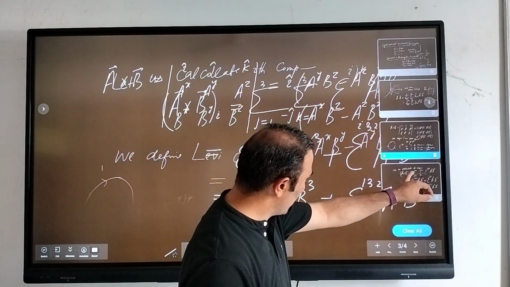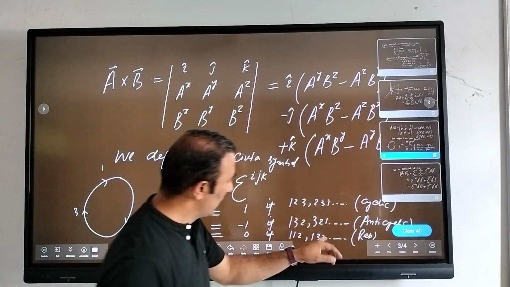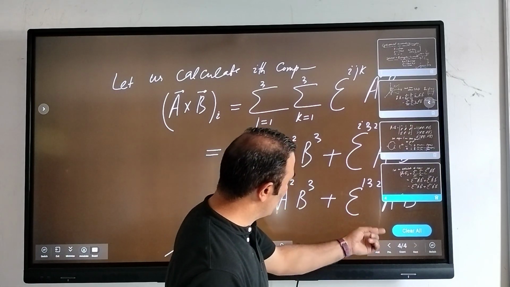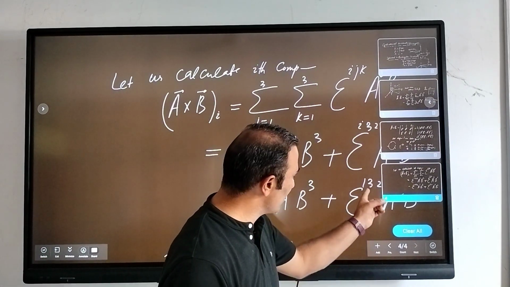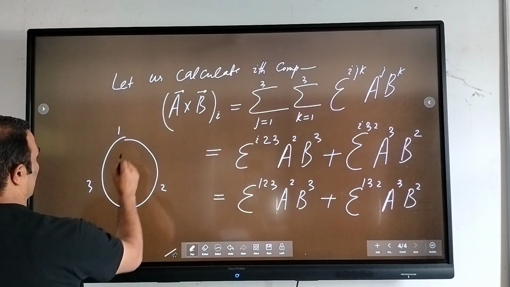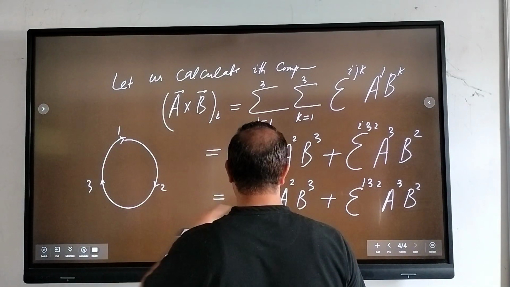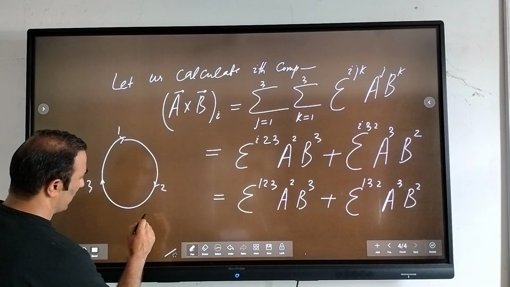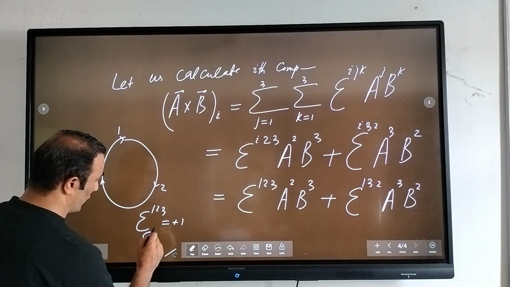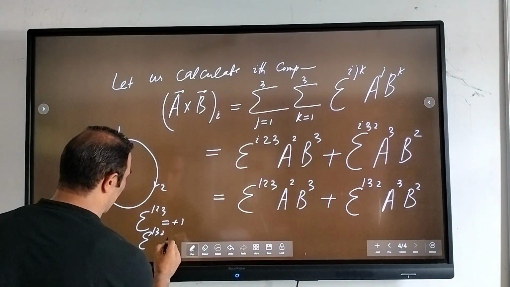Epsilon 1 2 3 is equal to 1 because it is cyclic, and epsilon 1 3 2 will be equal to -1, right? Because it is anti-cyclic. We have 1, 2 and 3, so this is cyclic, because 1 2 3 will be equal to +1. And if you take epsilon 1 3 2, it means it is anti-cyclic, and anti-cyclic has the value -1, right?